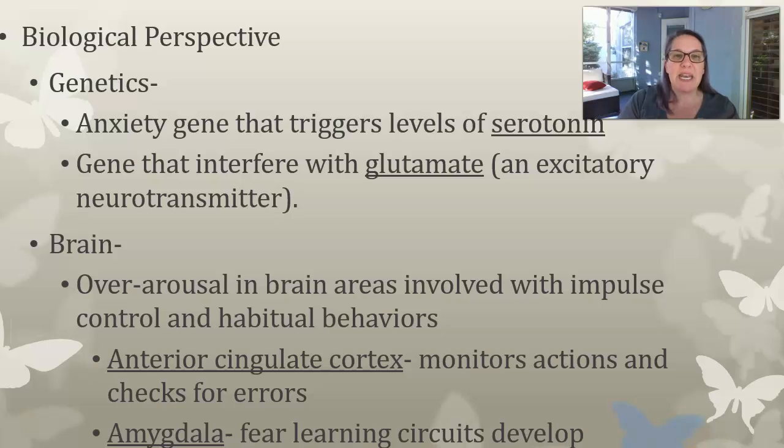There's also genes that interfere with glutamate, okay? Again, another neurotransmitter that we talked about back in the bio unit. So there's a lot of studies going on right now genetically to see if there are certain things in our genes that are passed down from our parents that might make us more susceptible to some of these anxiety disorders. And then also biology, our brain.